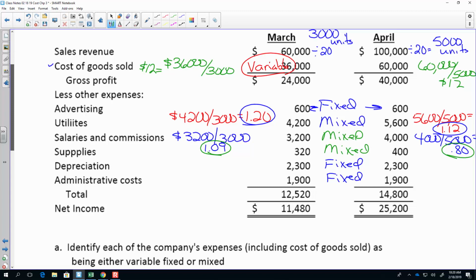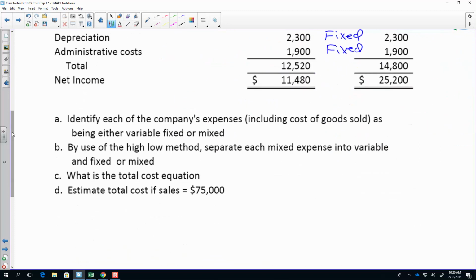So that's the identification, again, for this particular problem. And like our other problem, problem 62, at that point we have to use the high-low method to separate the mixed cost.